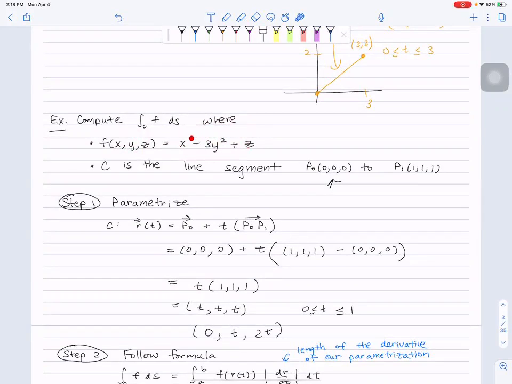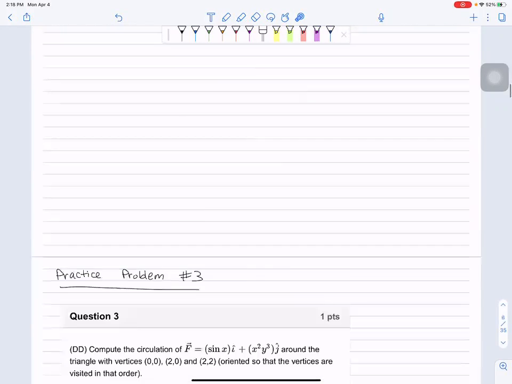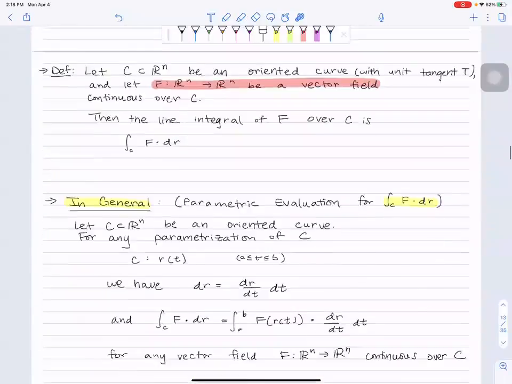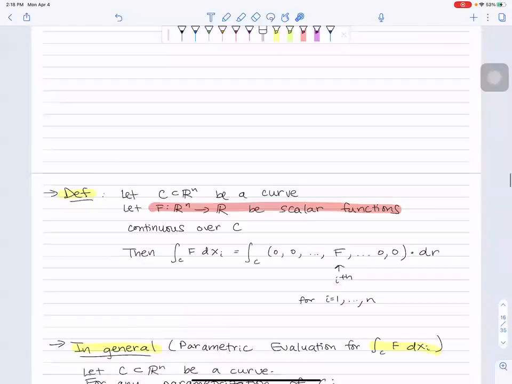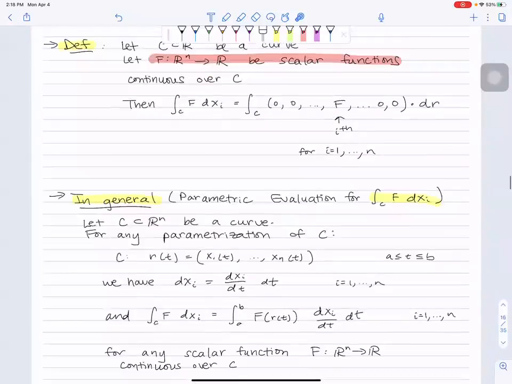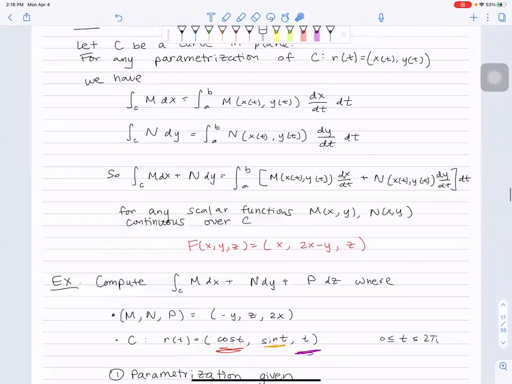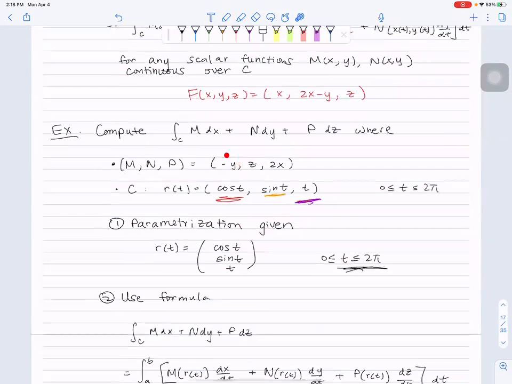That was at the very beginning. But then the last question we did was over a vector field with a scalar function, where you should be given one expression, like m is negative y, n is negative z.